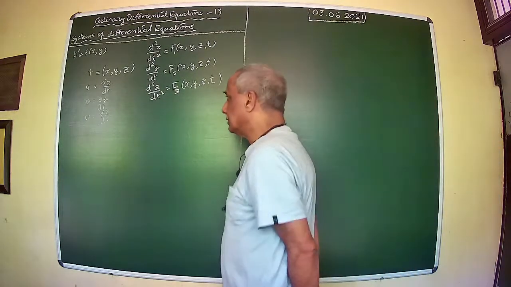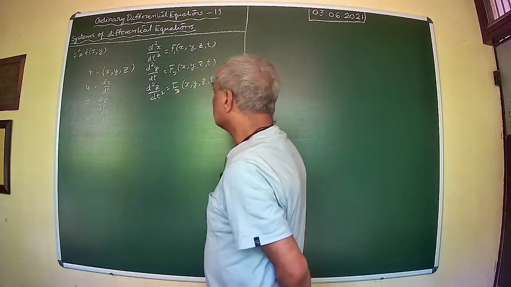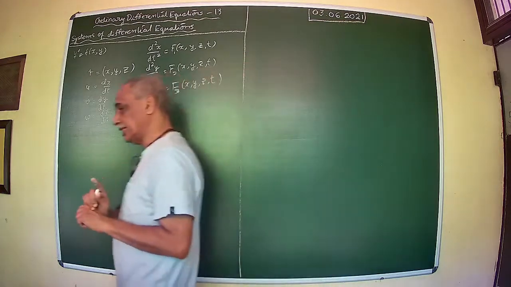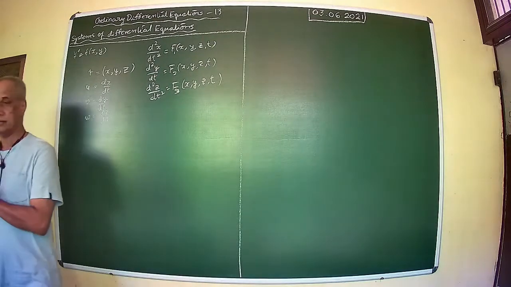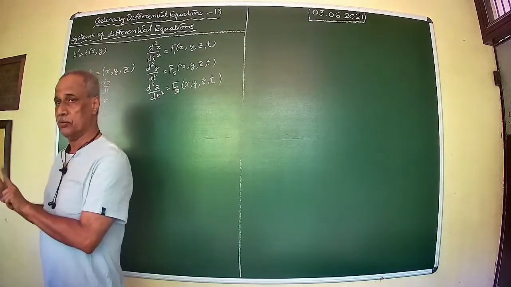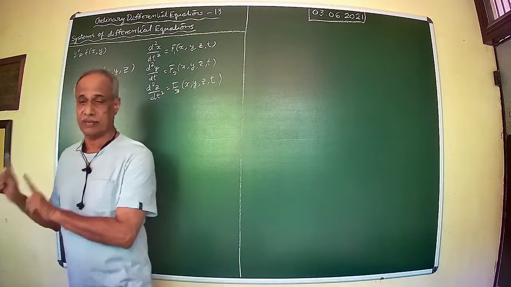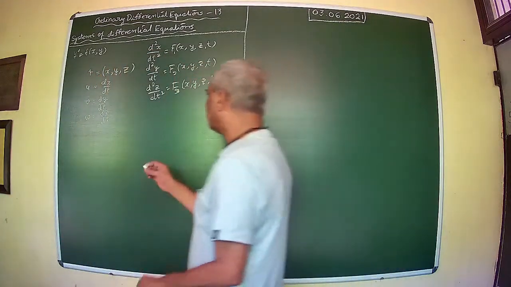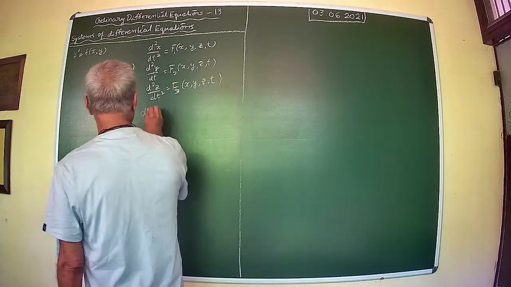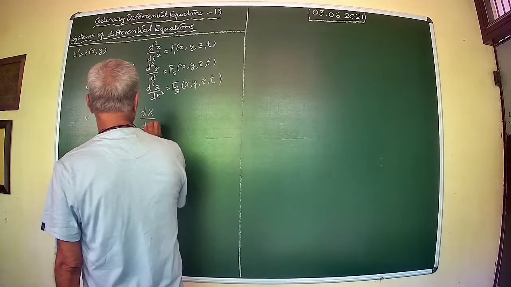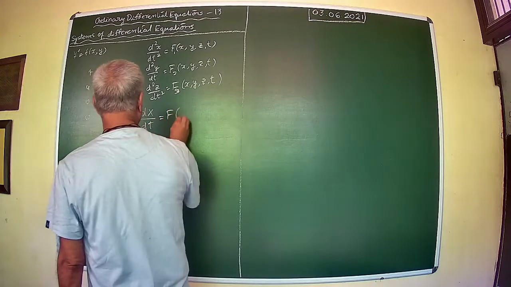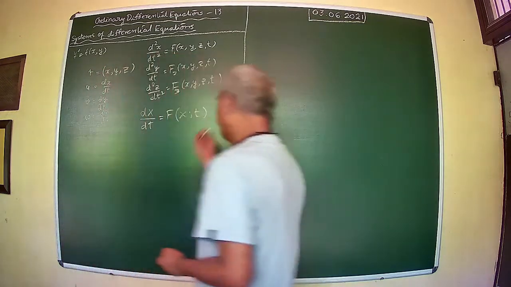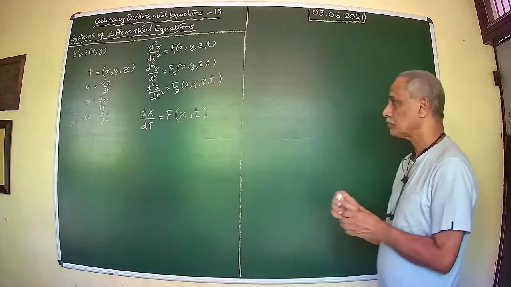And then we said that we can convert this into a first order system in 6 unknowns. The 6 unknowns are x, y, z, that is the first 3 coordinates corresponding to the position. The next 3 components are u, v, w, which correspond to the velocity components. So this is something that we have seen, and eventually the equation takes a form like this. It's a vector equation, t is the independent variable.